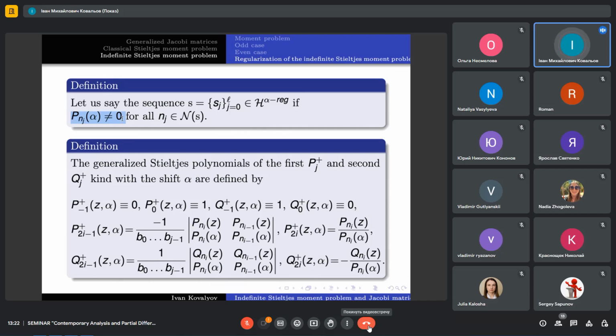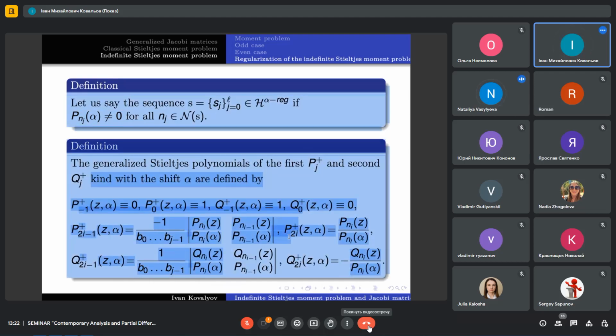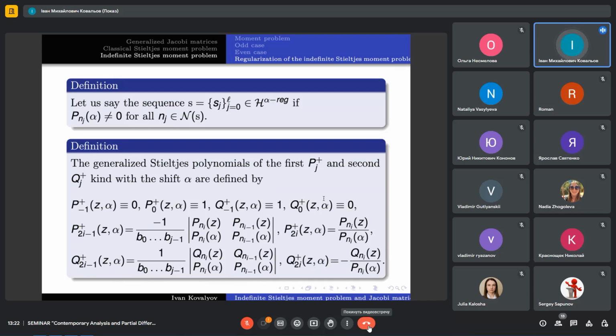In this situation, we can define the Stieltjes polynomials P plus and Q plus with this shift alpha in the following way. You can see it in this slide.